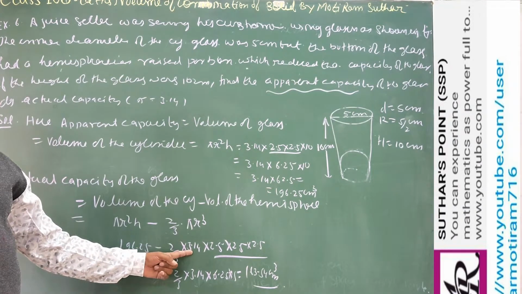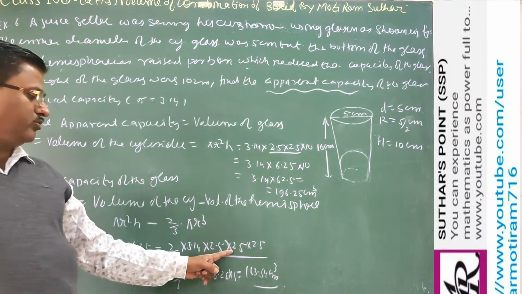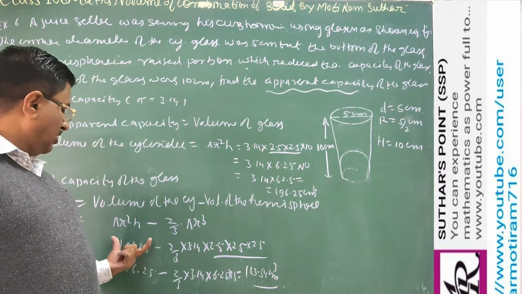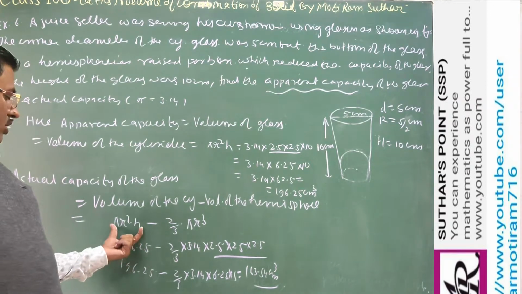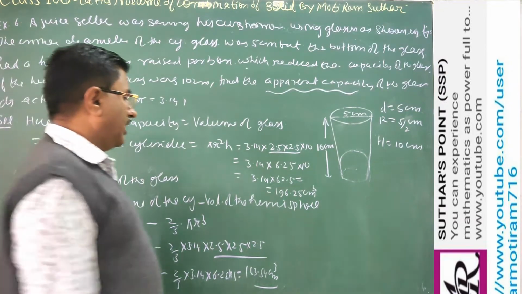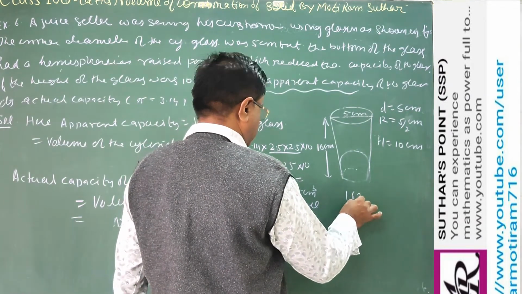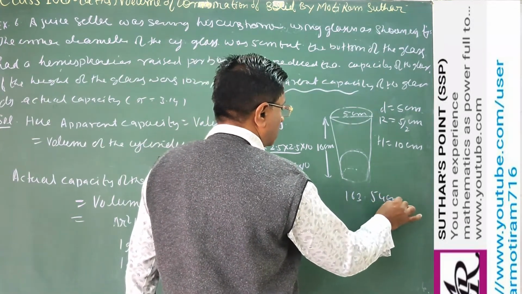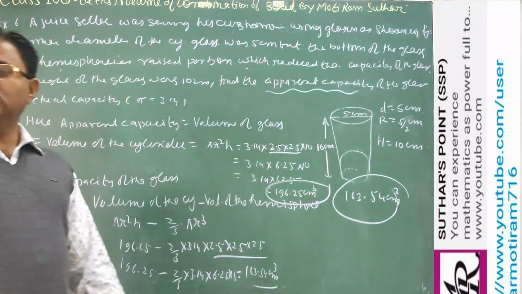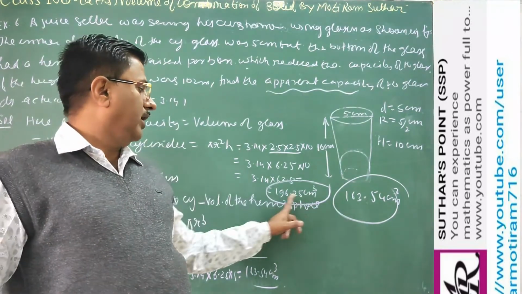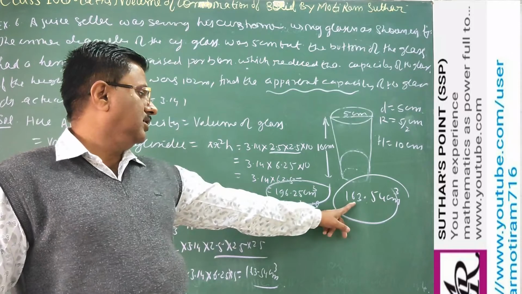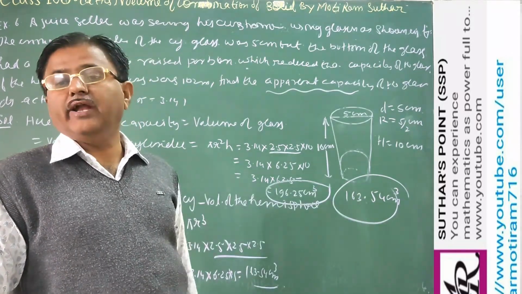So put these values. Pi as 3.14, r cube 2.5 into 2.5 into 2.5. So back calculation, this already we have calculated. So volume of the cylinder minus volume of the hemisphere. So we are getting the difference like this. So in each glass, the juice seller has a benefit of approximately 30 cubic centimeter.